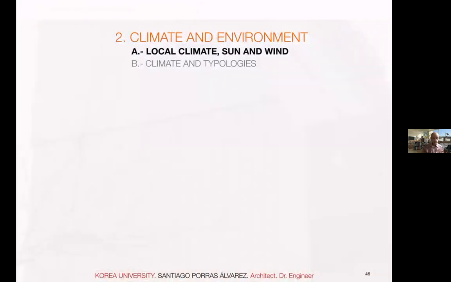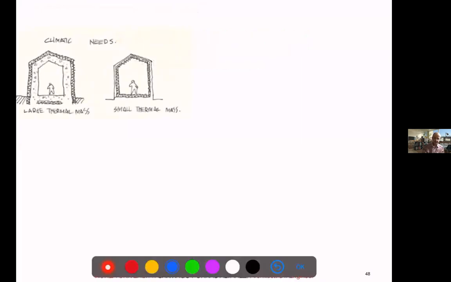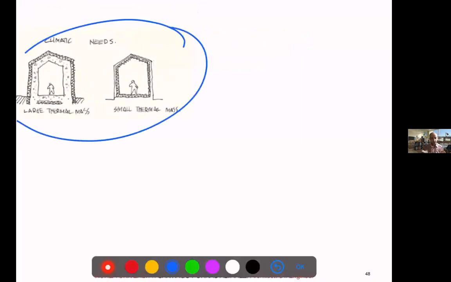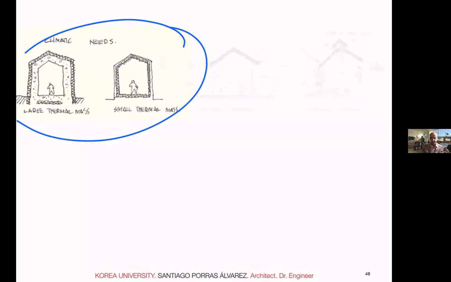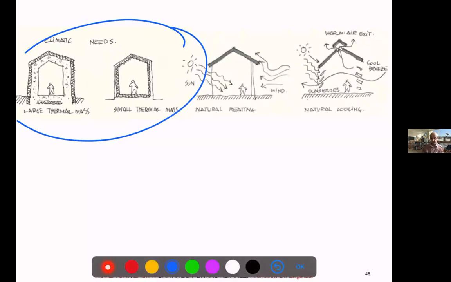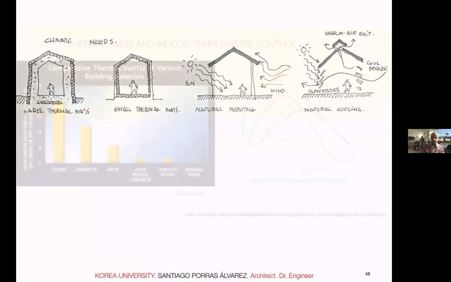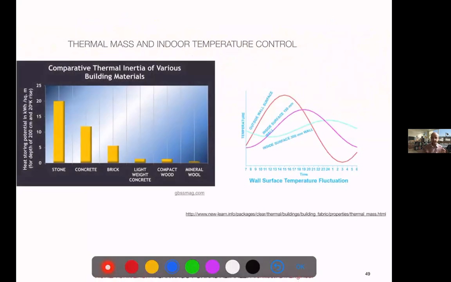And regarding the climate, increasing or reducing thermal mass is one tool we have, and then letting in sunshine and reducing wind, or the opposite, hiding sunshine and letting air in, are pure design strategies which may improve performance enormously.